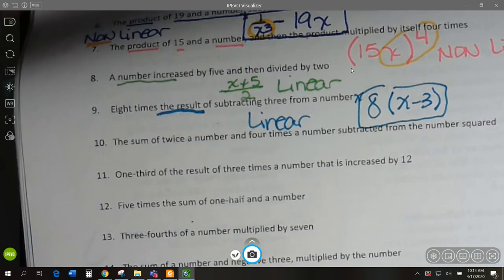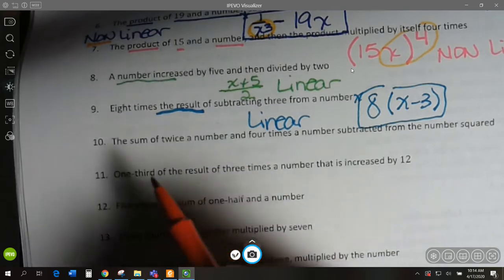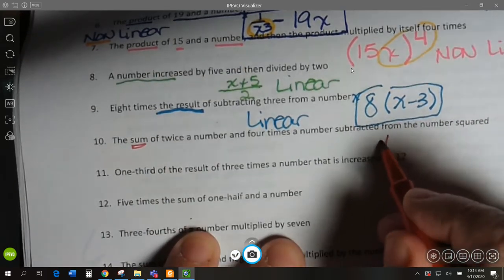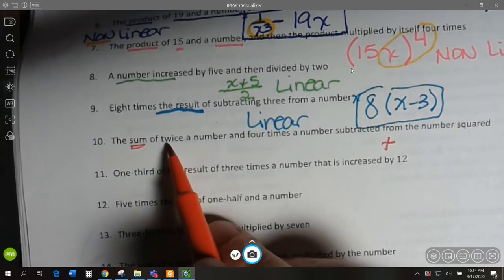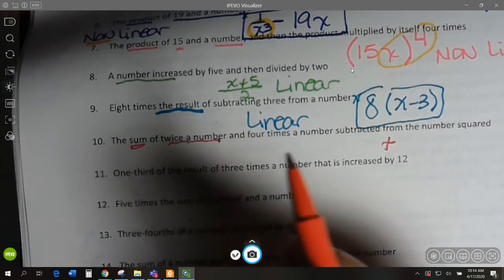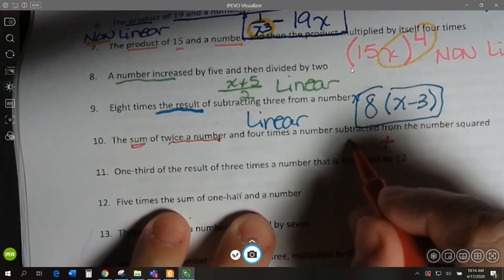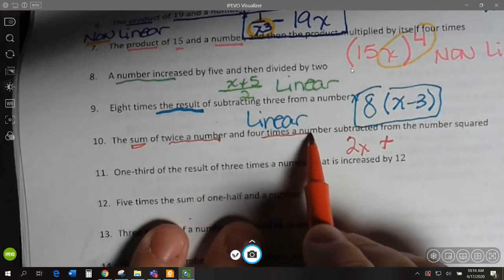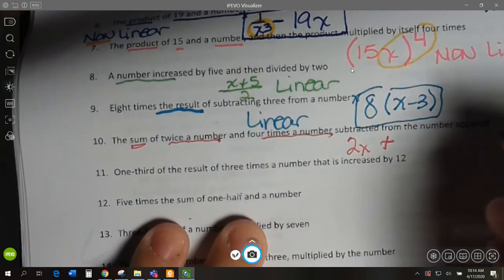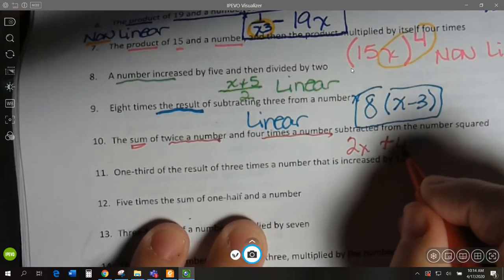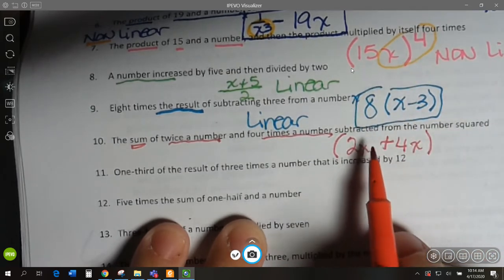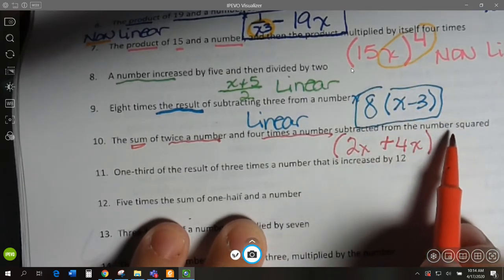Number 10. The sum, so we're going to be adding, twice a number. If our number is x, it'd be 2x. And 4 times a number, so that would be 4x. Then we take this sum and subtract it from a number squared.